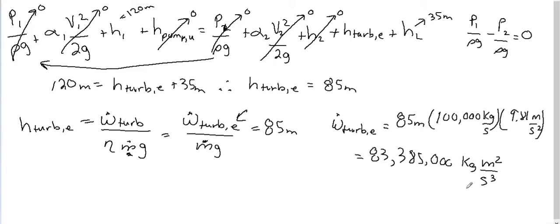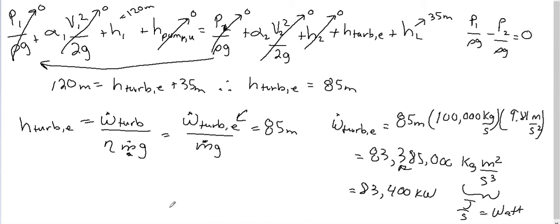That is actually a joule per second, or a watt, and that's what it should be because we're working in units of power. So we can say that this is 83,400, we'll just round here, kilowatts. All right, so that is the extracted power of the turbine.